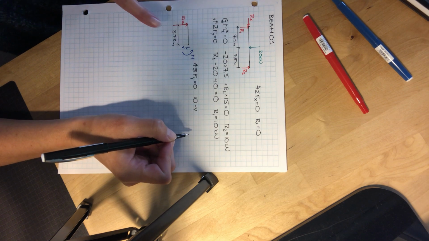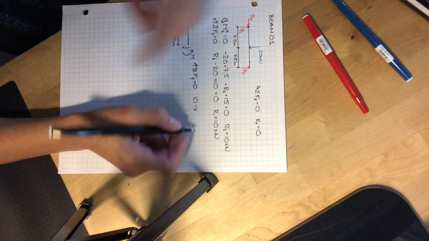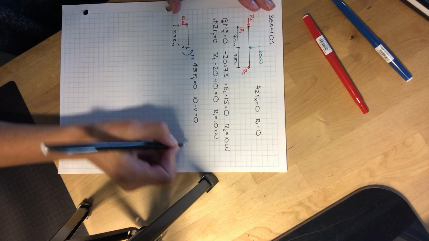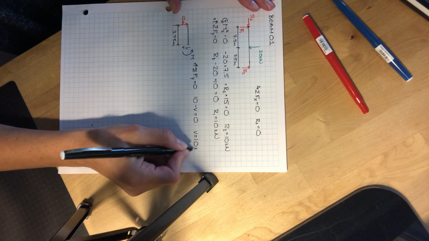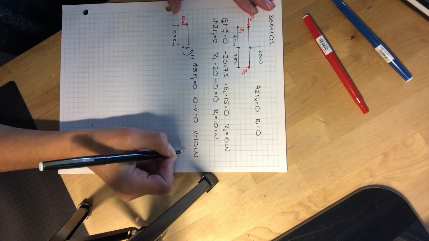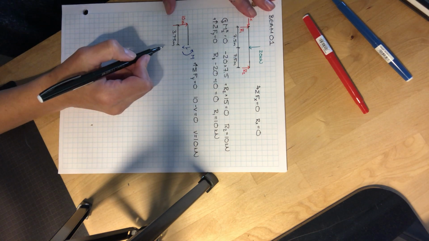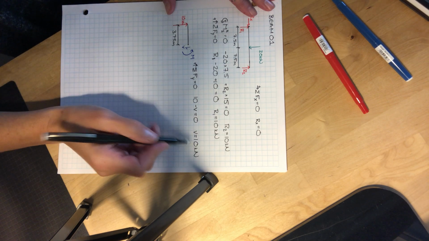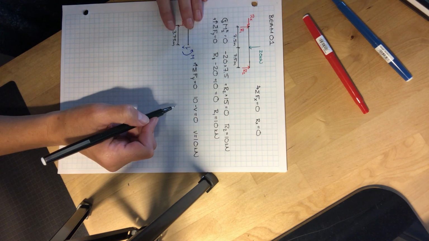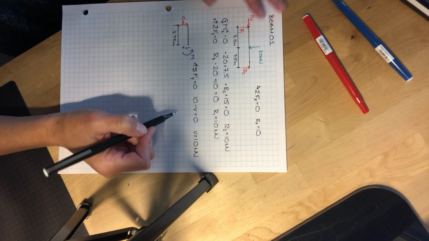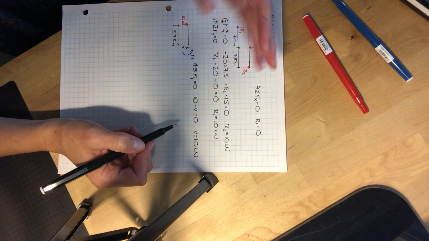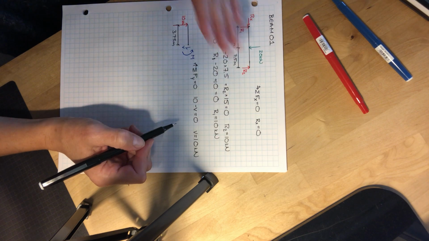So we have our 10 kilonewtons upwards, our unknown shear downwards. We can rearrange this and we get shear equals 10 kilonewtons. So the shear at 3.75 meters is 10 kilonewtons. Our internal shear is 10 kilonewtons.